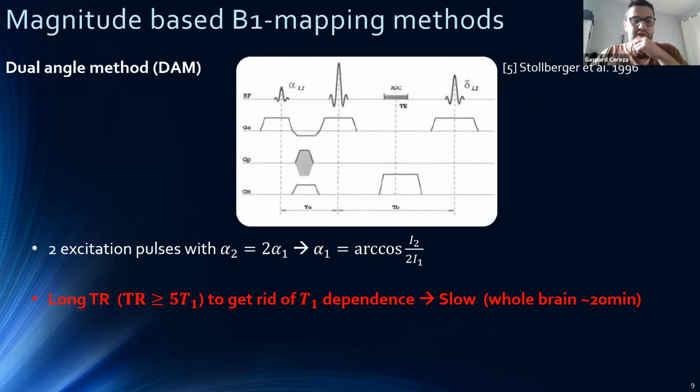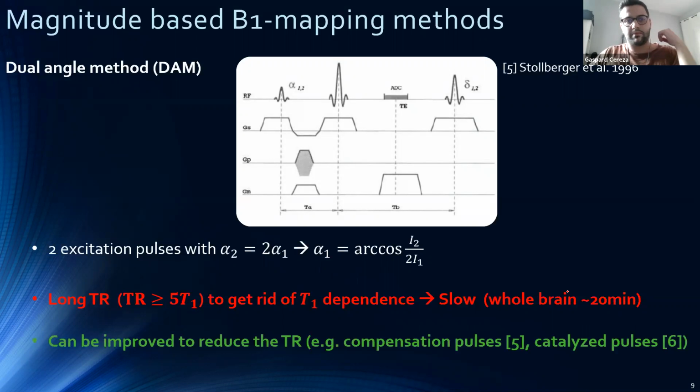So this method requires a full T1 relaxation. It's pretty long because the repetition time will have to be higher than 5 T1. So it's a very slow method, and whole brain mapping is estimated to take around 20 minutes. But fortunately, some improvement can be done by, for example, using compensation pulses.